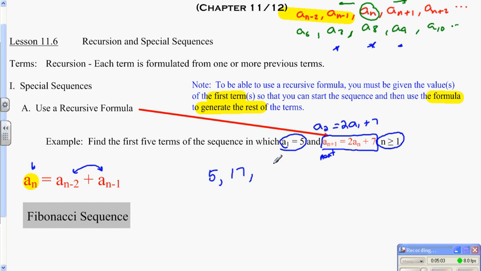So the next one would be 17 times 2, 34, plus 7, 41. Next one, 41 times 2, 82, plus 7, 89. And the next one would be 185.